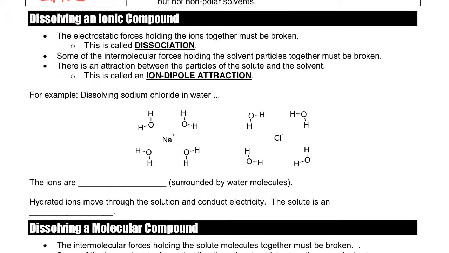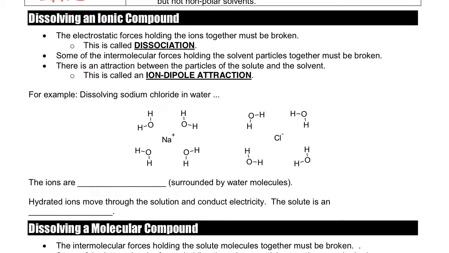I want to start by talking about dissolving an ionic compound. My example is going to be dissolving salt in water. The electrostatic forces holding the ions together must be broken. Remember, in sodium chloride, you have sodium ions and chloride ions that are attracted to each other.